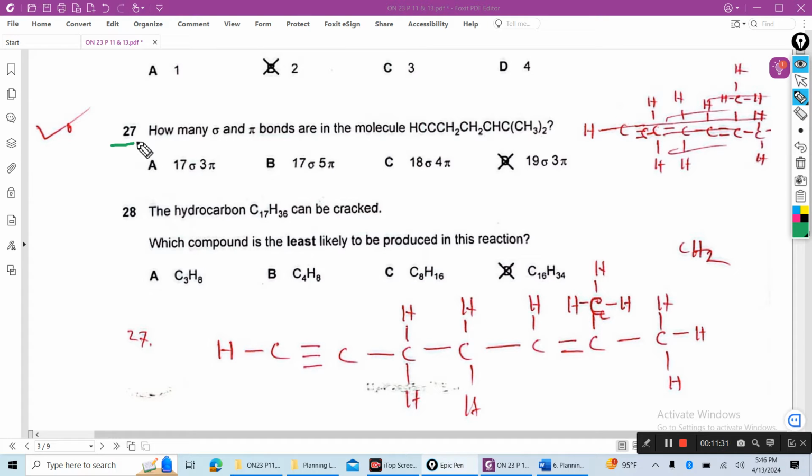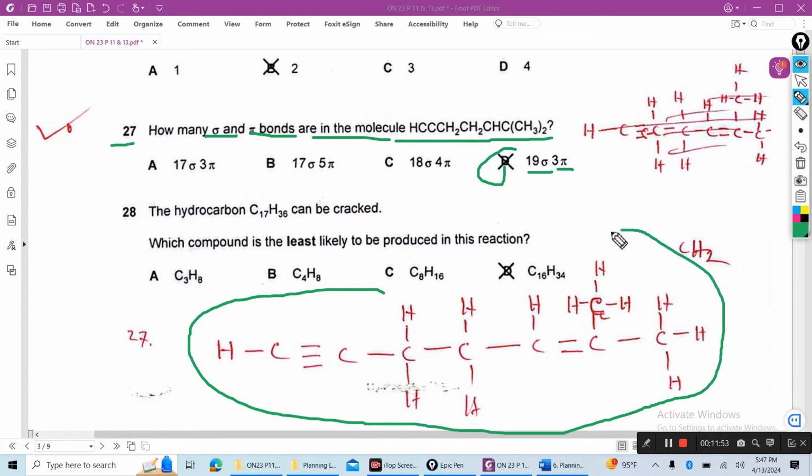Question 27. How many sigma and pi bonds are present in the molecule? So the answer is D, 19 sigma and 3 pi. If you write the displayed formula of this molecule, this is the displayed formula.